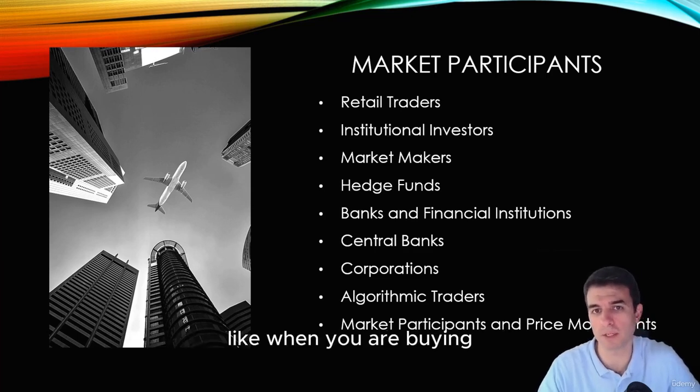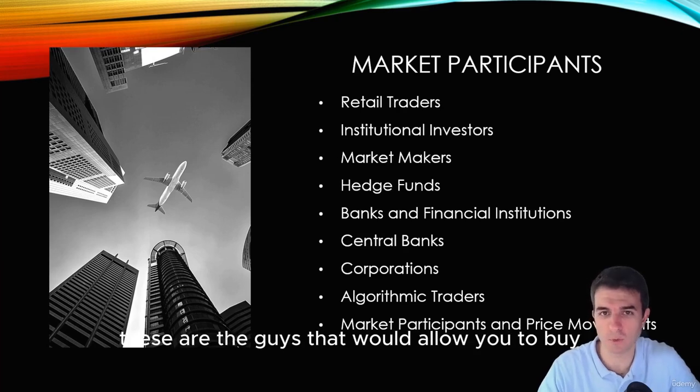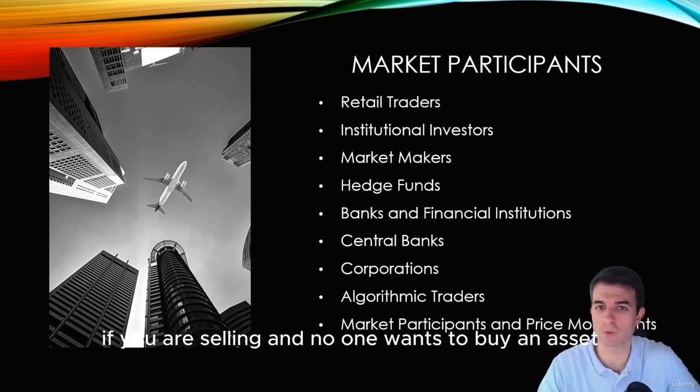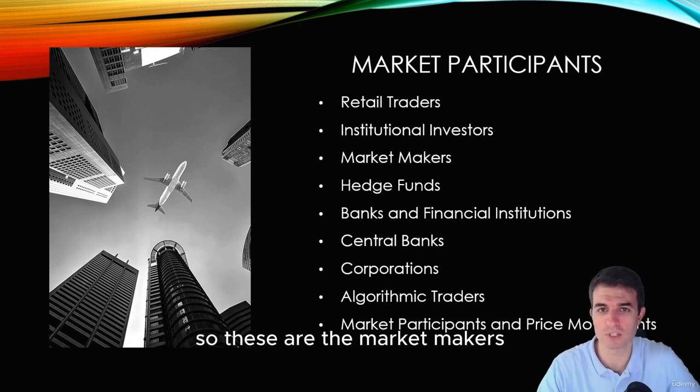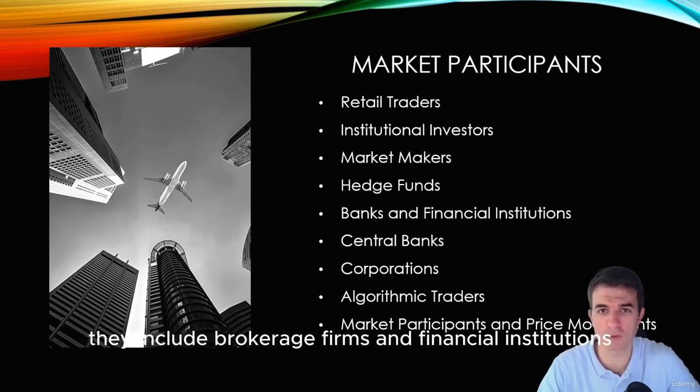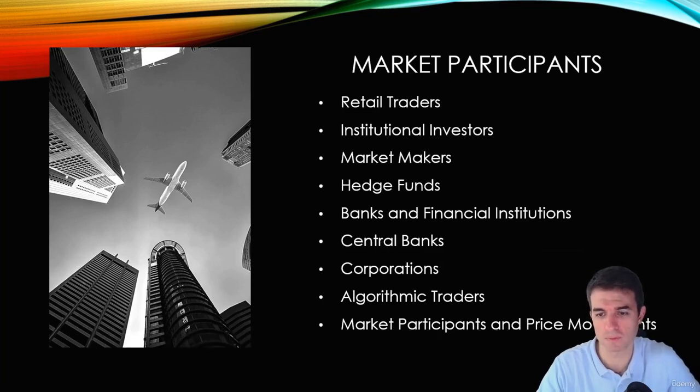Like when you are buying, if no one is willing to sell, you need to buy from someone. These are the guys that would allow you to buy. If you are selling and no one wants to buy an asset, these are the guys that would accept to buy from you in any condition. So these are the market makers. They include brokerage firms and financial institutions.